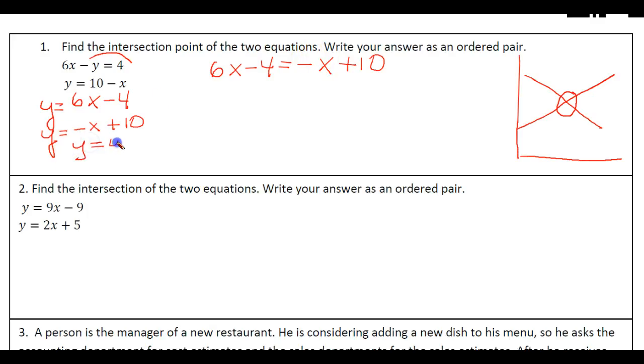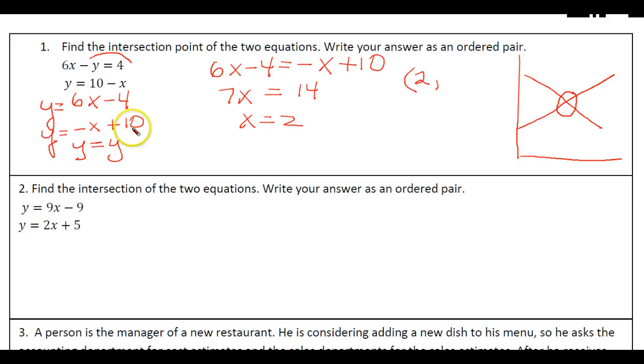Y equals y. So this becomes a 7x on this side. Transpose this, it becomes a 14. Divide both sides by 7, we get x equals 2. So our first member of the ordered pair where they're going to intersect is at 2.